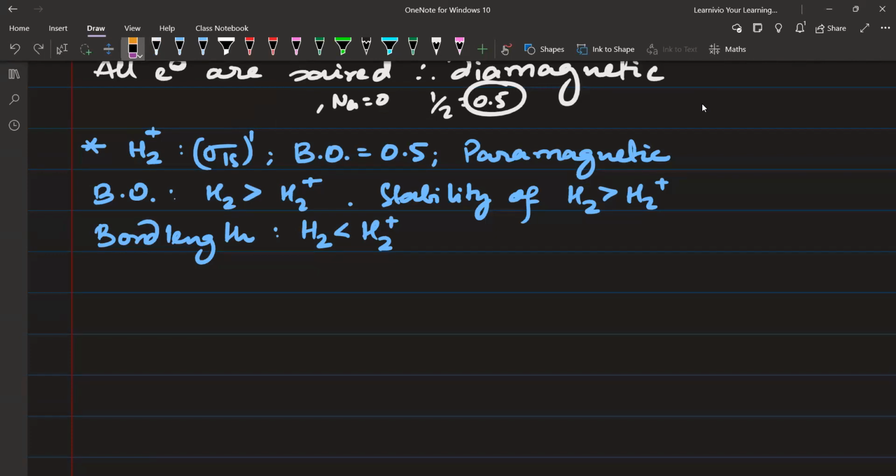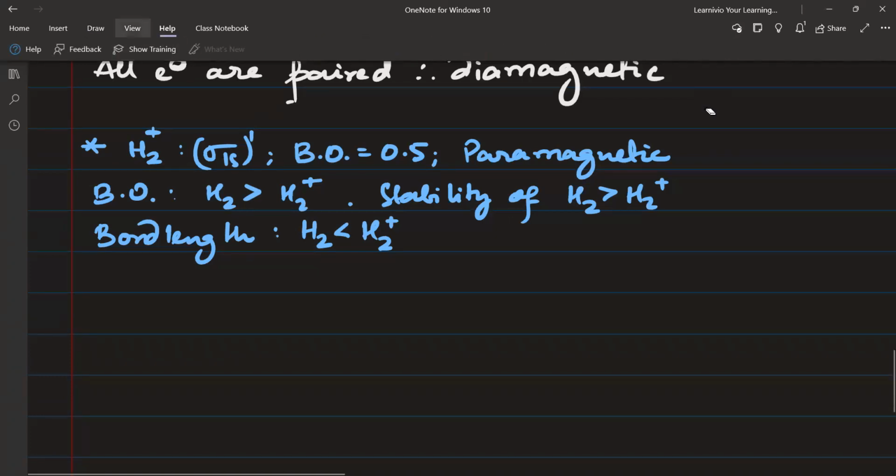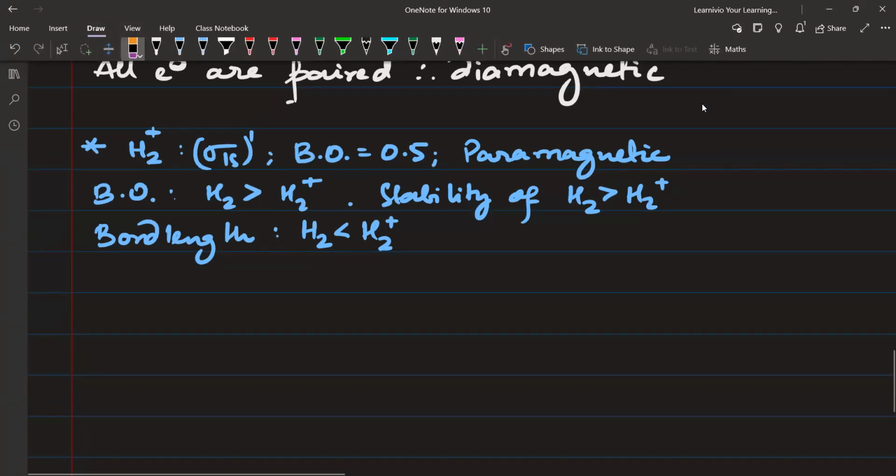So the stability part also. Stability. What can you break easily? H2 or H2 positive? Which will be easily broken? H2. Why? H2 has one bond and H2 positive has 0.5 bond order. What will be broken easily?